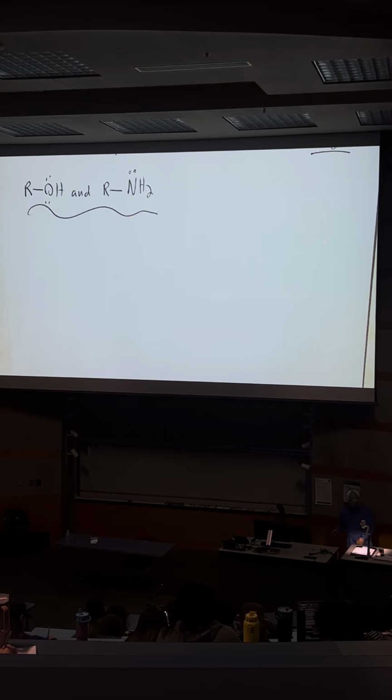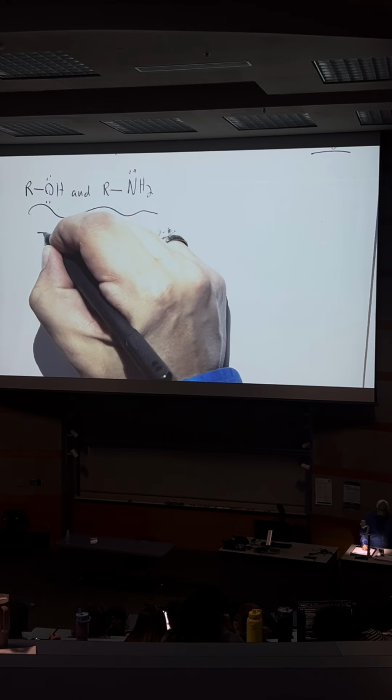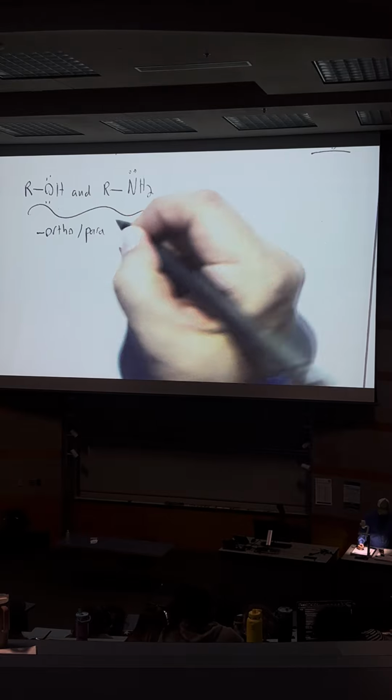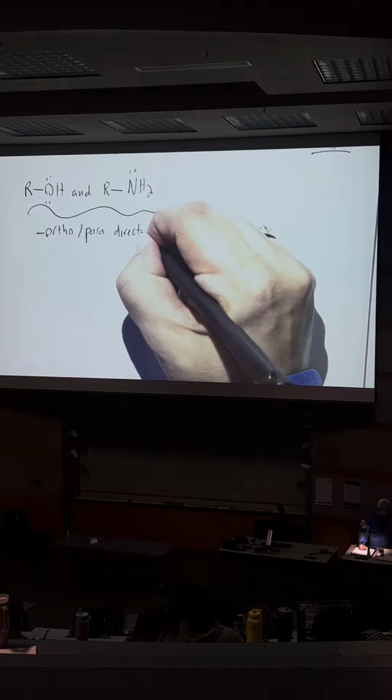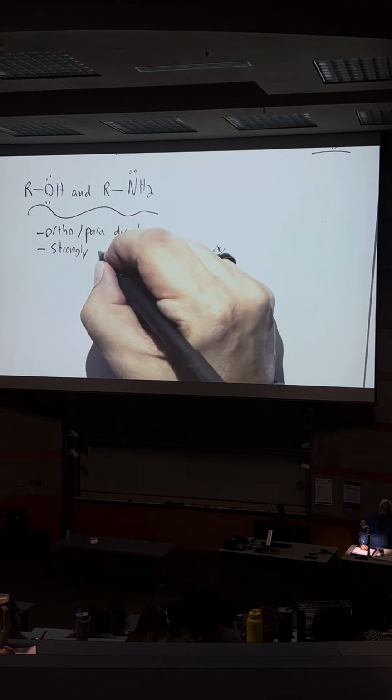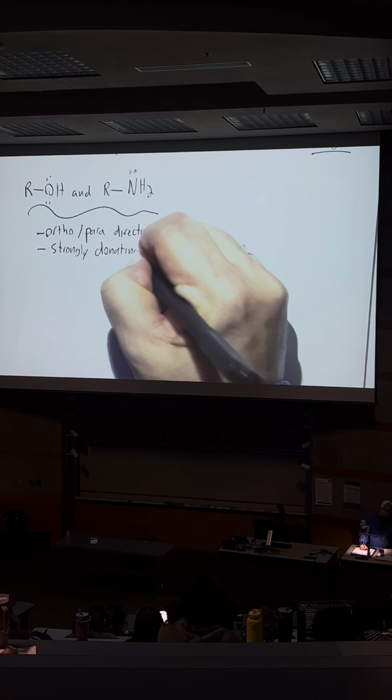Now, if you remember, this is the situation where the lone pair of electrons on the heteroatoms directly attached to the ring are at the allylic position to the double bonds in the aromatic ring, which from OChem 1 means we can draw resonance structures. And so alcohols and amines, and of course the other groups that place heteroatoms directly attached to the aromatic ring, are ortho-para-directing as well. The reason is that this is the case of strongly donating via resonance.